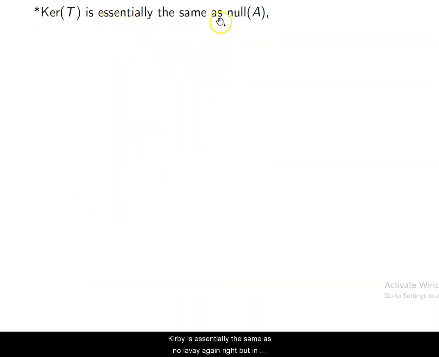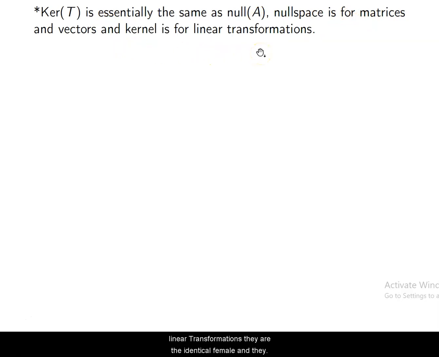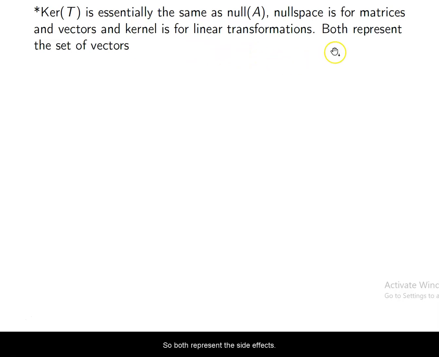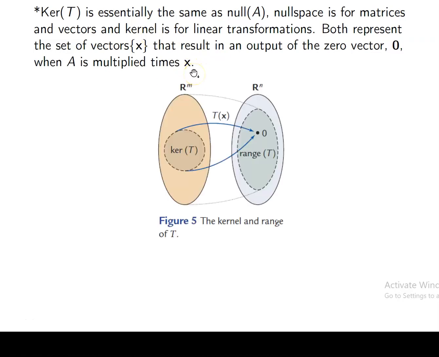Ker of T is essentially the same as null of A. But in writing, null space is for matrices and vectors, and kernel is for linear transformations. They are the identical thing, though, and they represent similar things. So both represent the set of vectors x that result in an output of the 0 vector when A is multiplied times your input vector x, okay?